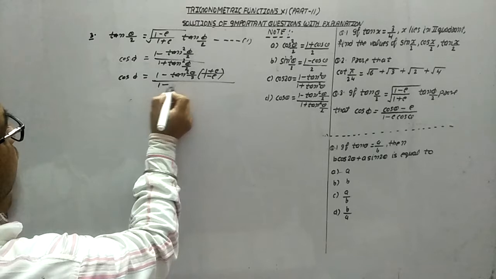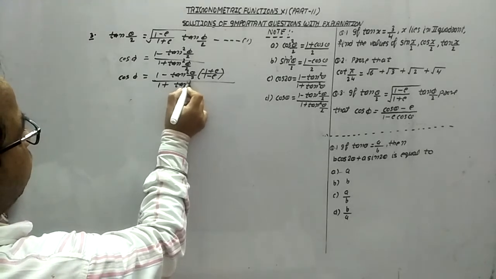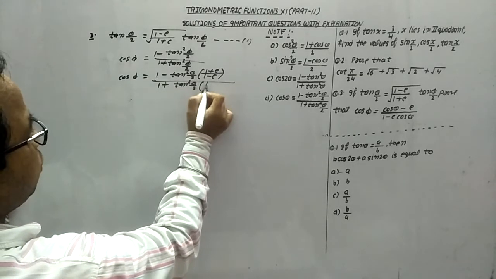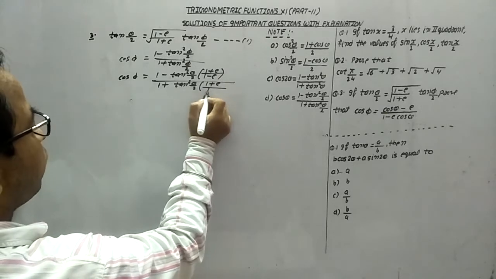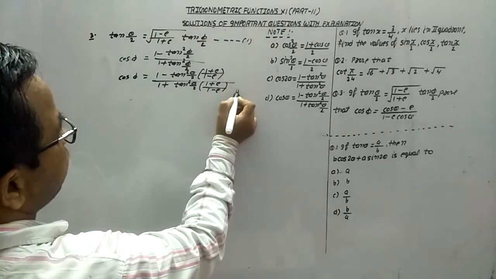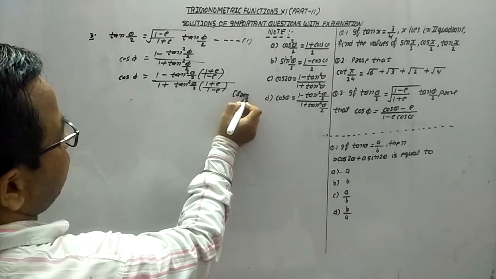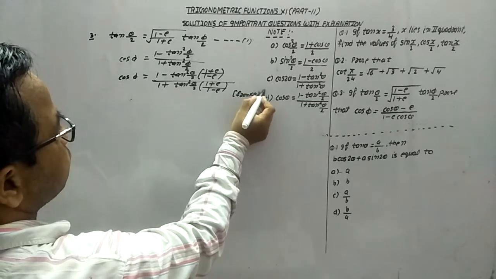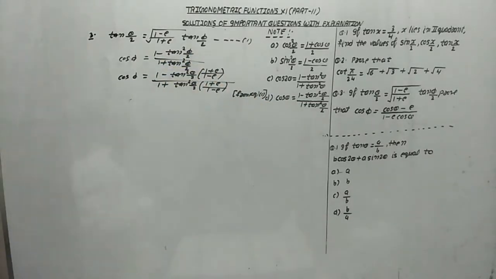In the same way here 1 plus tan square theta by 2, and this is (1 plus e) upon (1 minus e). This is from equation 1, putting the values from equation 1.